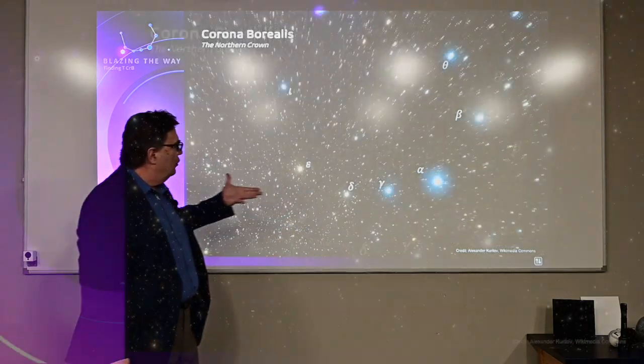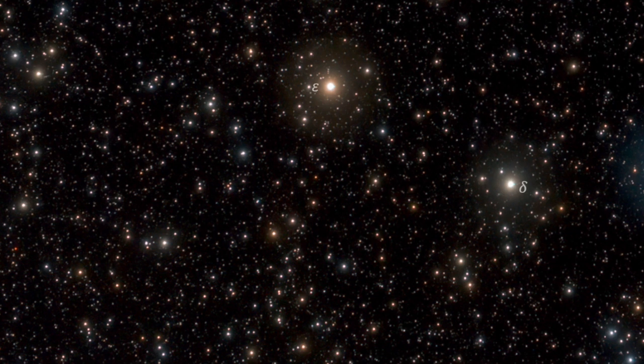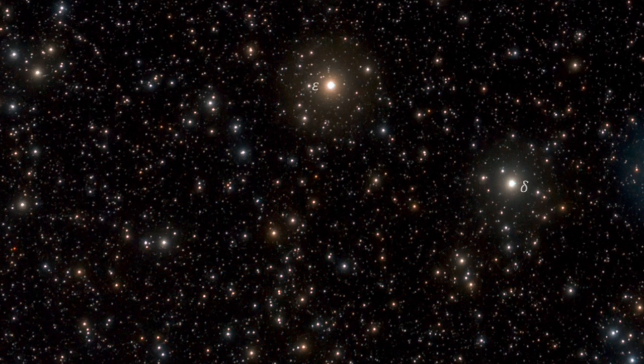Let's go ahead and zoom in on those two stars. The distance that these two stars have from each other is going to play a very important role visually in the sky. What I'd like you to do is to look at the space right in between those two stars and look at the distance that that space makes.